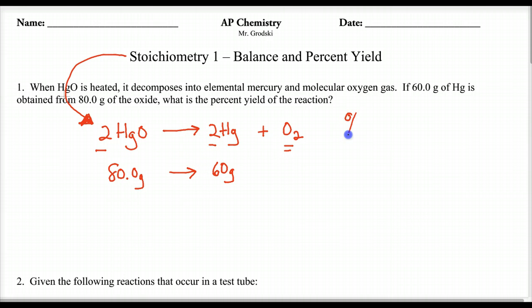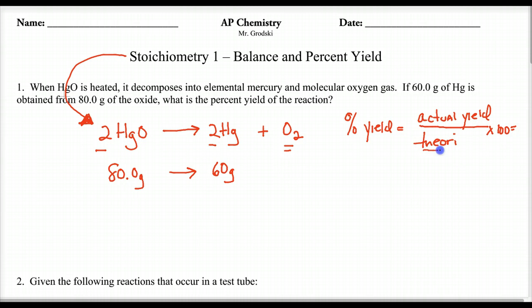So percent yield is equal to the actual yield, which is from experimental work, that's what this question is giving you, over the theoretical, which is from pencil and paper, assuming absolutely no error, times 100, of course.